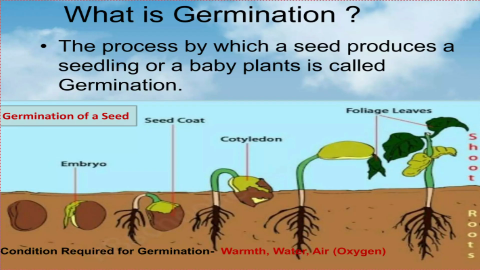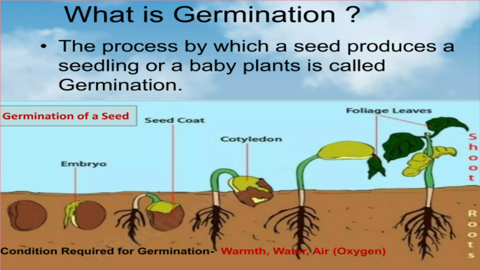So now we will come to what is germination. Germination is the process by which a seed produces a seedling, or a baby plant. A seed has a baby plant called the embryo. This embryo slowly comes out of the seed, cutting the layer called the seed coat which protects it.